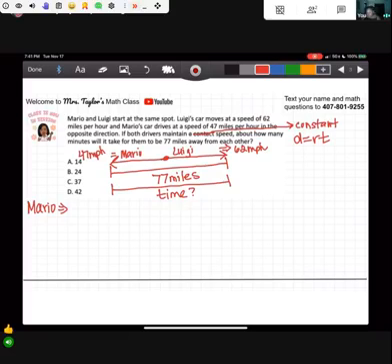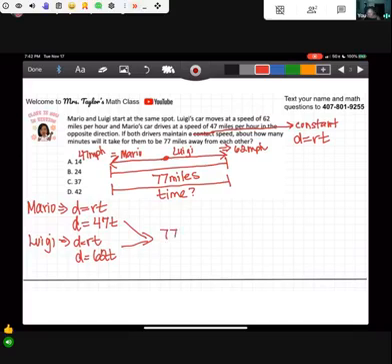But we do know that in order to calculate Mario's distance, it's going to be R times T. So Mario's distance is going to be 47 miles per hour times T. And we know that Luigi's distance is going to be 62 miles per hour times T. But we know together they're 77 miles apart.